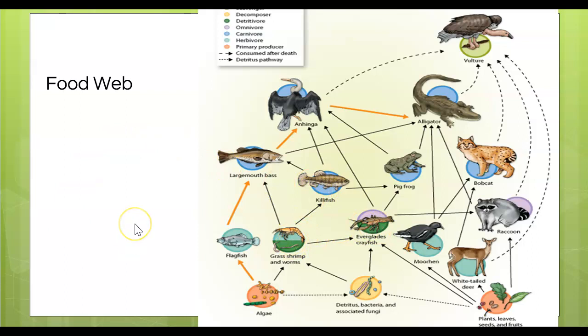What this means is that the food web helps us to see the interaction better. So if we eliminated the anhinga, well then now maybe the largemouth bass population is going to increase a little bit because it doesn't have now the predator that it originally had. And so whenever we look at food webs, it helps us to see impacts on a bigger scale.